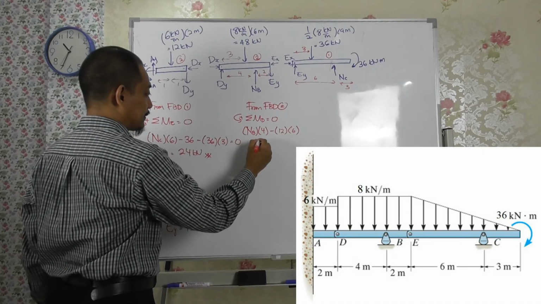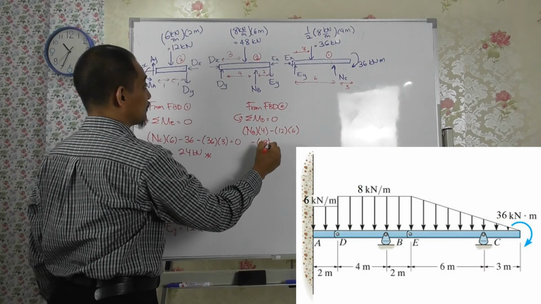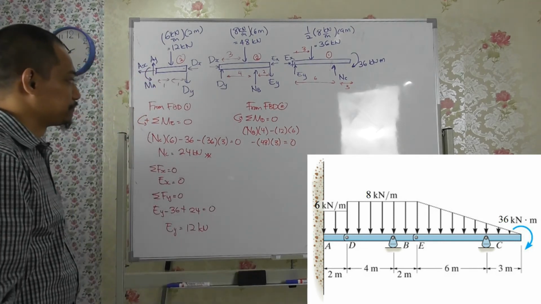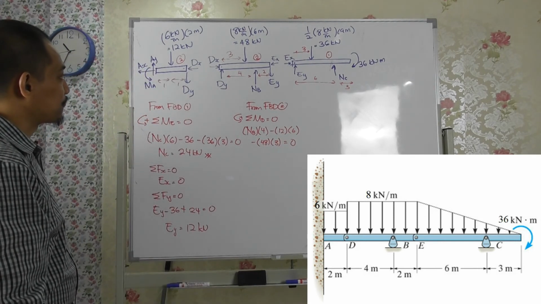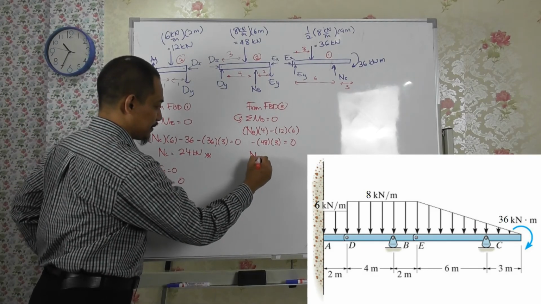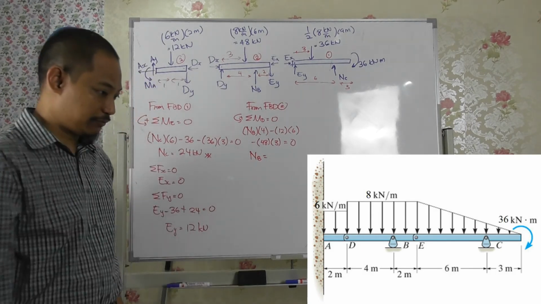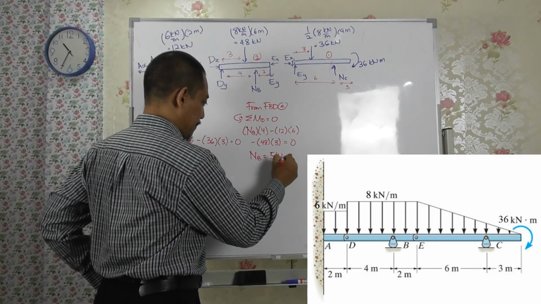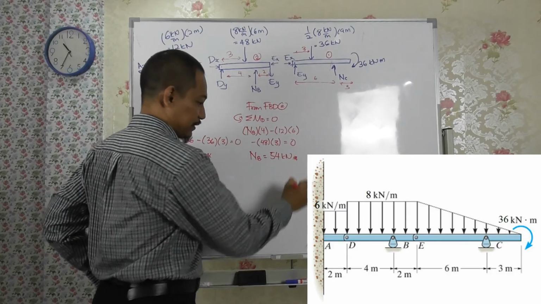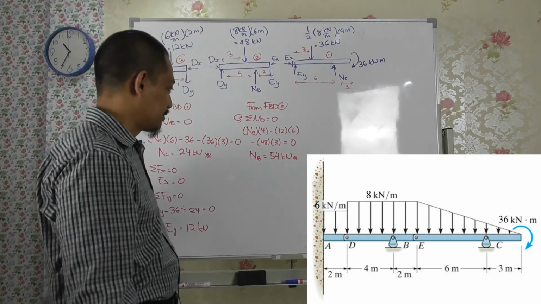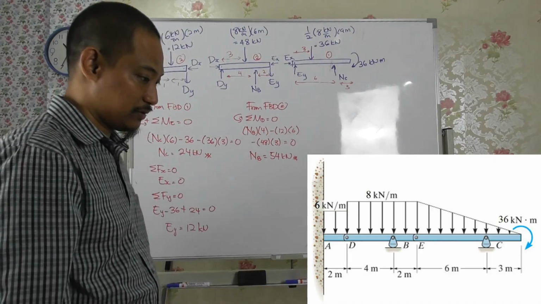So you get minus 48 times the distance of 3. All of this equal to 0, right? So from here you can calculate NB, and if you calculate, you'll get 54 kilonewton. Of course, verify the numbers. Right, so NB 4, 12, 6, 48, 3.